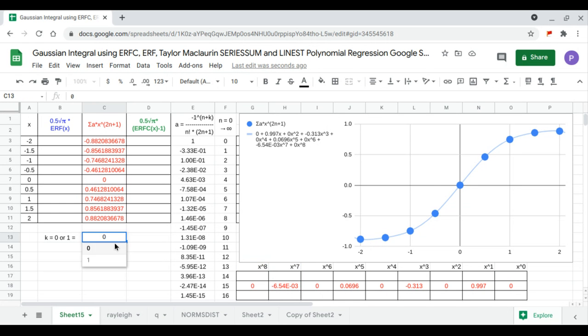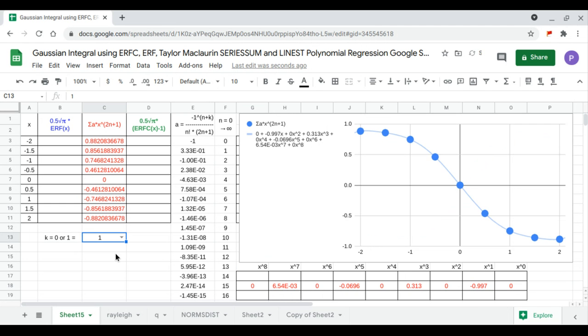If we change that to 1, which is the complementary error function, we have 0, minus 0.997, 0 for x squared, plus 0.313 x cubed, 0 x to the 4th, minus 0.0696 x to the 5th, 0 for x to the 6th, and 6.54 times 10 to the minus 3 x to the 7th, 0 x to the 8th.